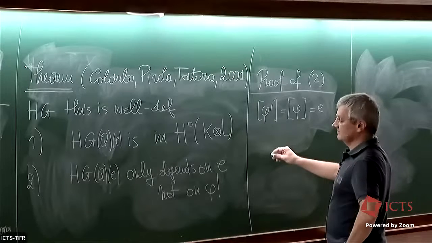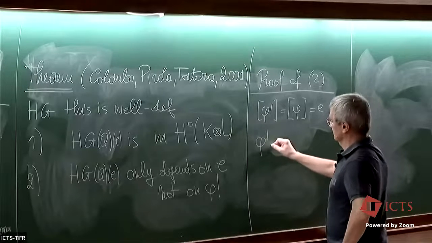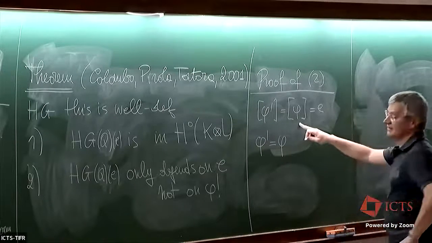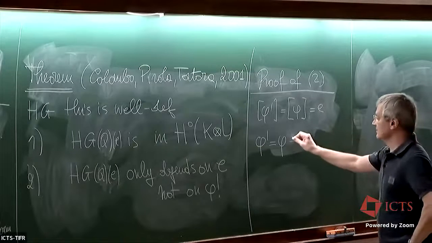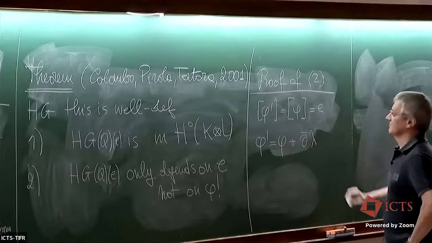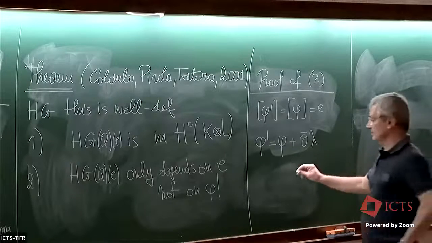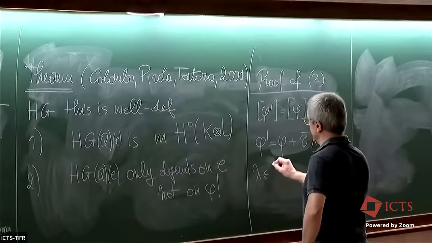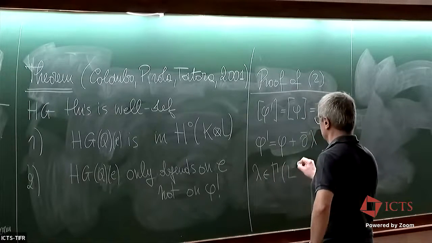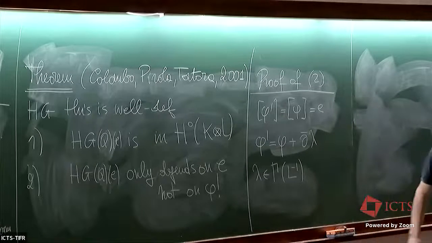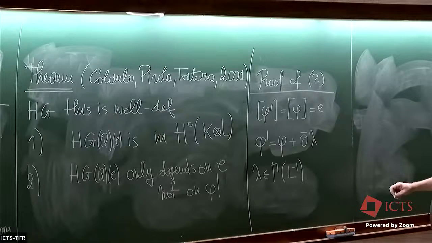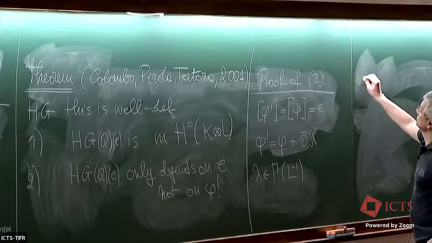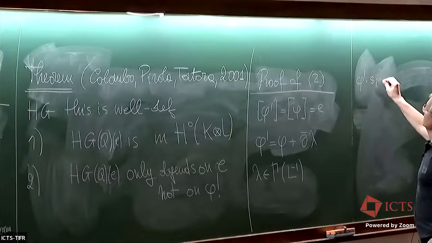And since they represent the same Dolbeault cohomology class, we will have something like this, where lambda will be a C infinity section of the bundle L-1. And now we have to compare these two things.